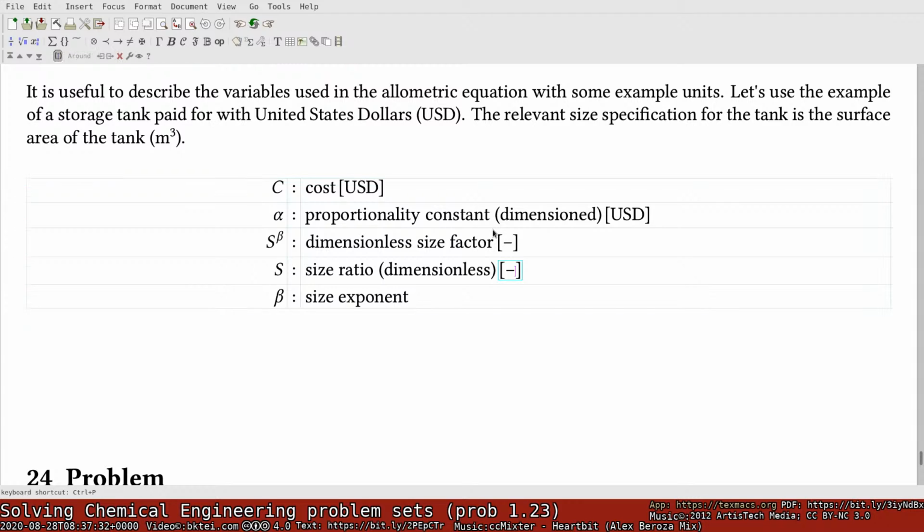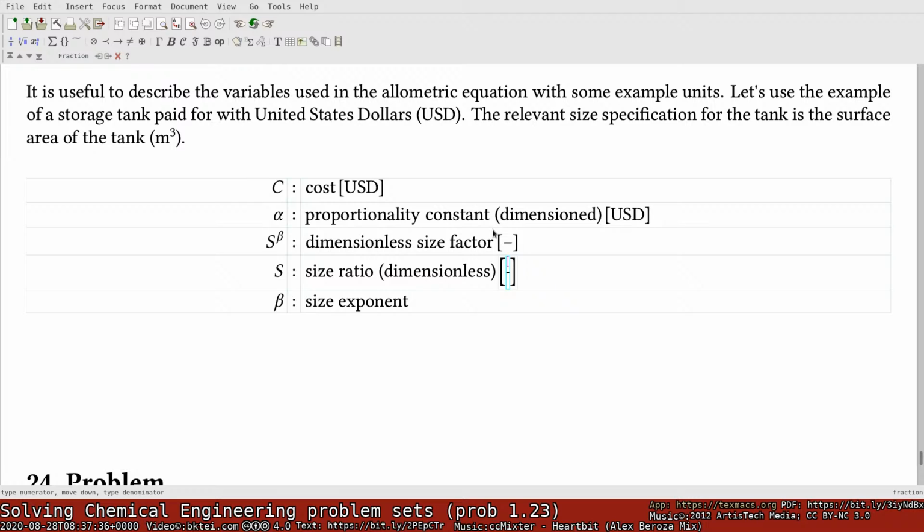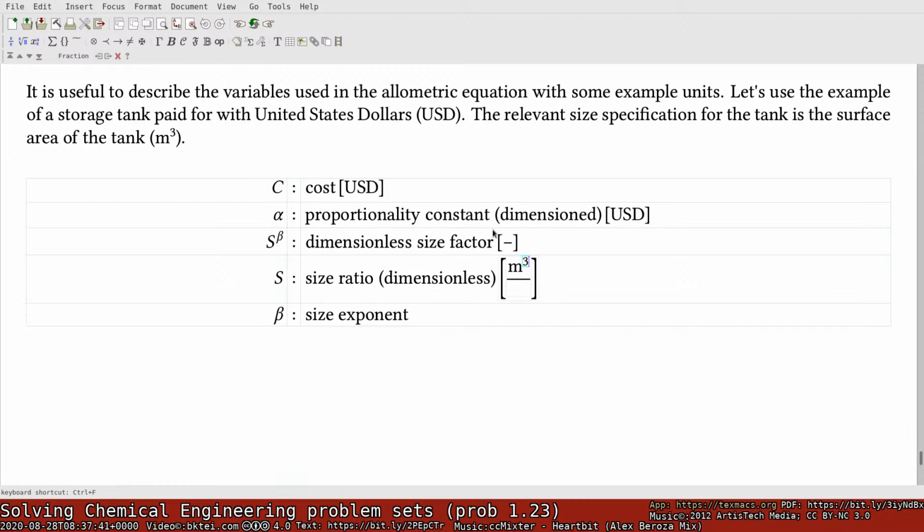But actually, we should put the units used in this. So let's go with cubic meter per cubic meter. Do we want to specify cubic meter? Yeah, let's do a cubic meter of the.